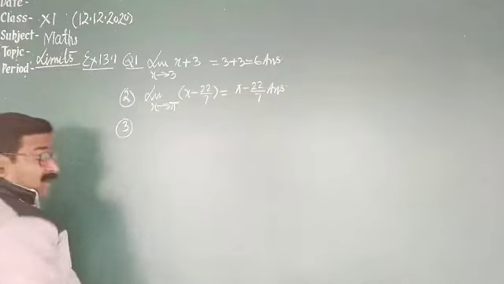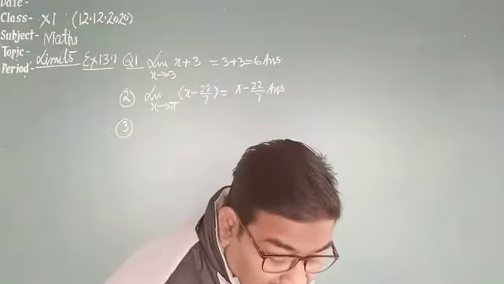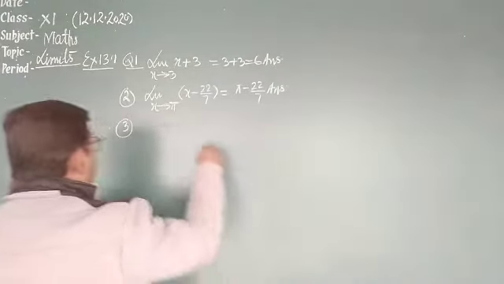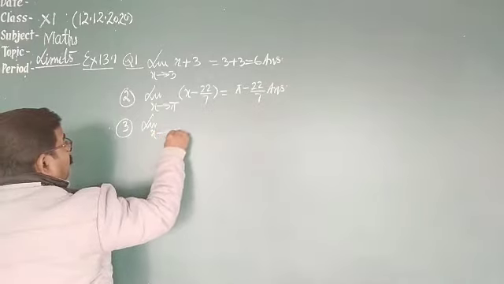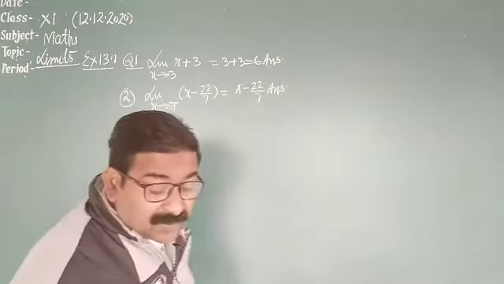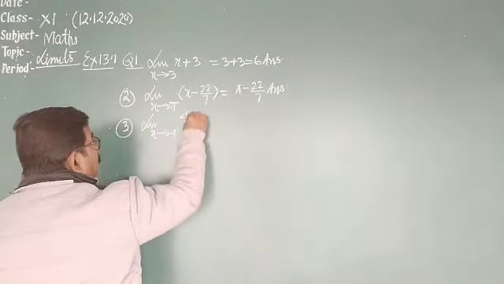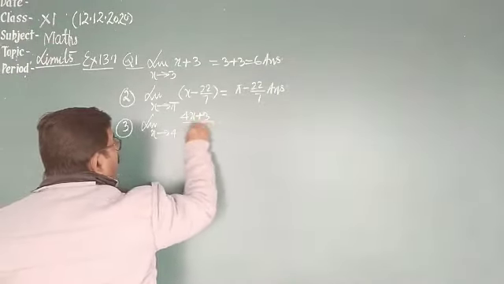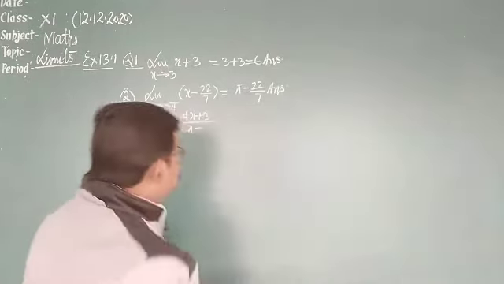See, the third question. We have limit x tends to 4, and the function is (4x plus 3) upon (x minus 2).